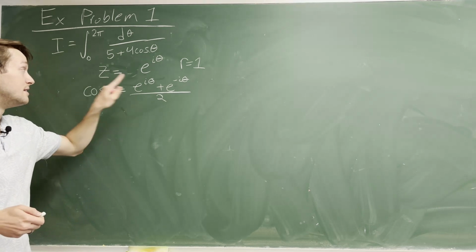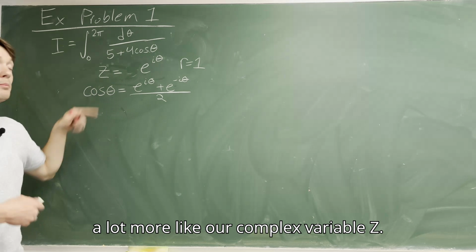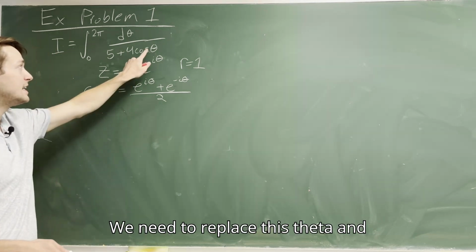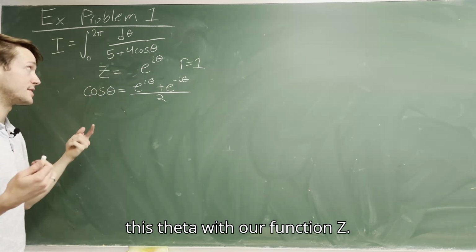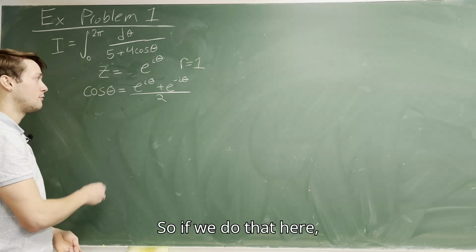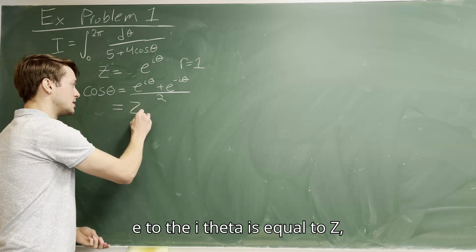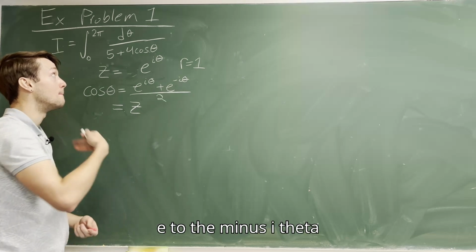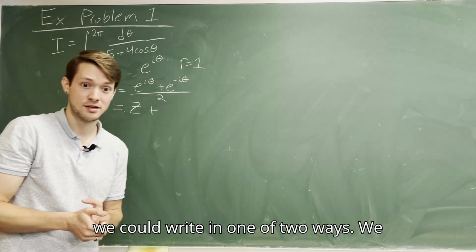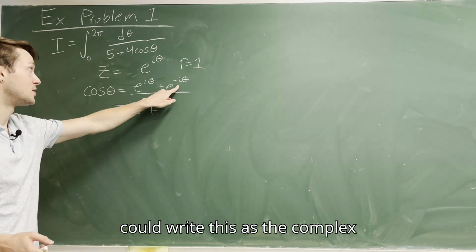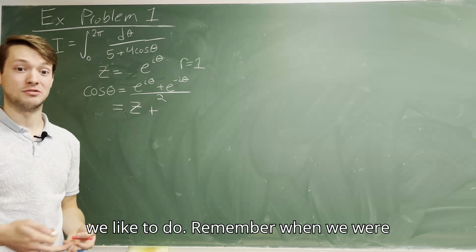So, now that it's in this form, it's looking a lot more like our complex variable z, right? We need to replace this theta and this theta with our function z. So, if we do that, here, e to the i theta is equal to z. E to the minus i theta, we could write in one of two ways. We could write this as the complex conjugate of z, but that's not something we like to do, right?